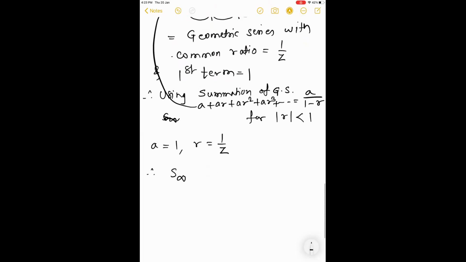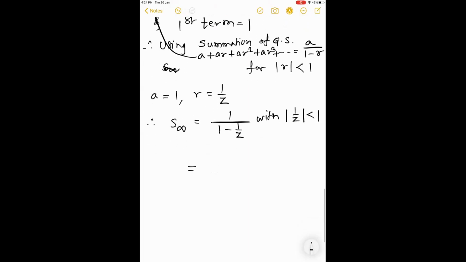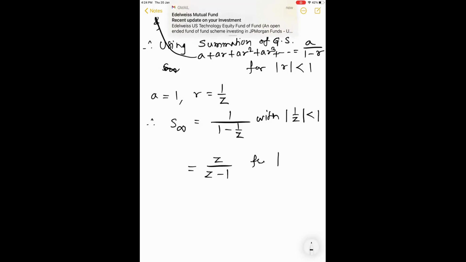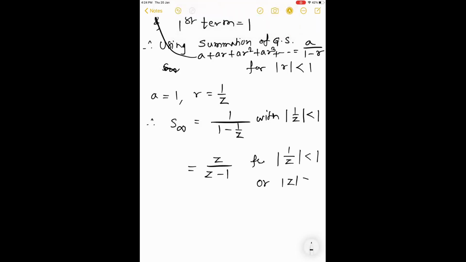Therefore, the infinite summation S infinity is equal to 1 upon 1 minus 1 upon z, with modulus of 1 upon z less than 1. r less than 1 means mod 1 upon z is less than 1. If you simplify this, taking LCM as z, this will give you the answer z upon z minus 1, for mod of 1 upon z less than 1, which implies that mod z is greater than 1.